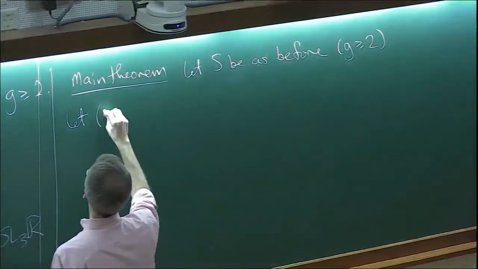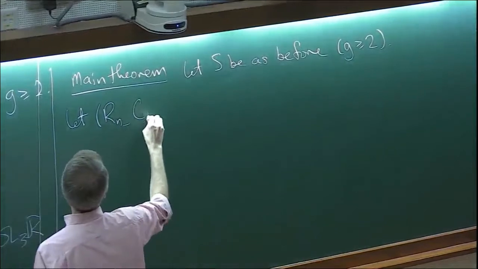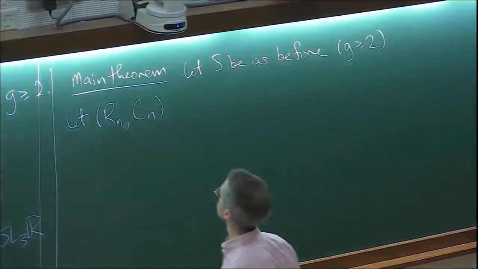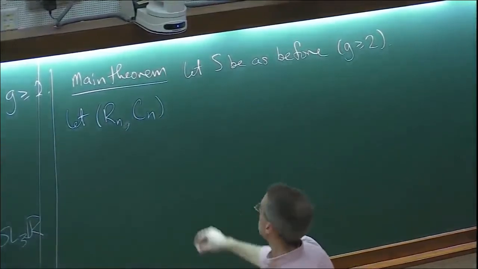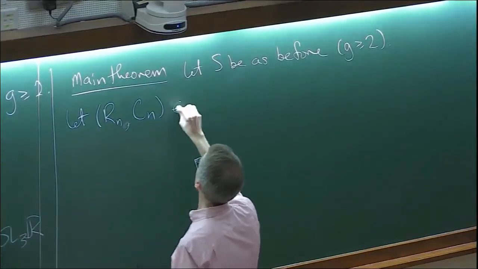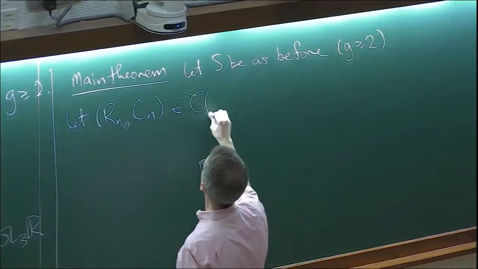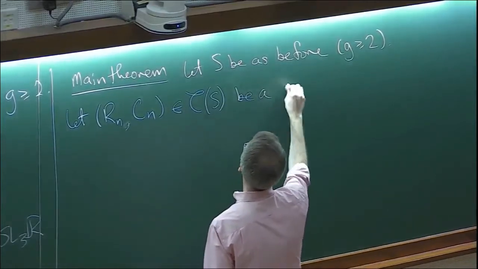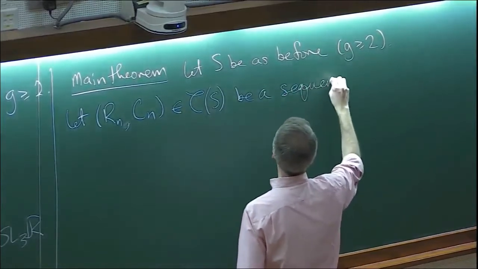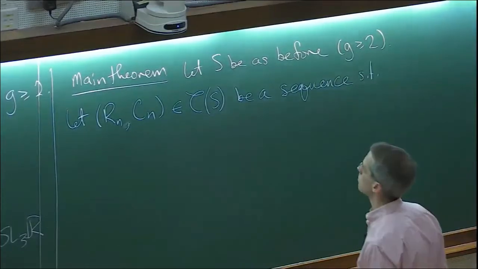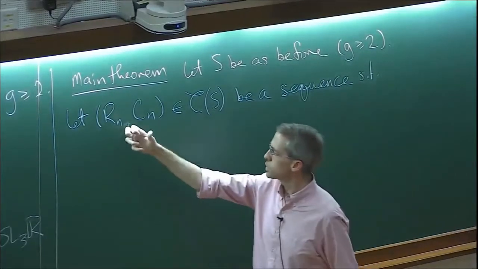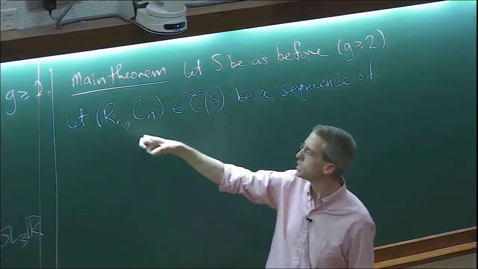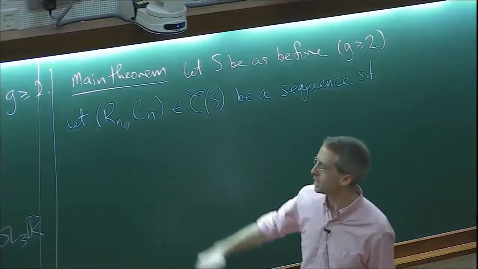Now, let Rn and Cn be a sequence in that space of holomorphic cubic differentials on S with the following property. I want the Riemann surfaces to remain in a bounded set of the moduli space, but I want the cubic differentials to go to infinity.